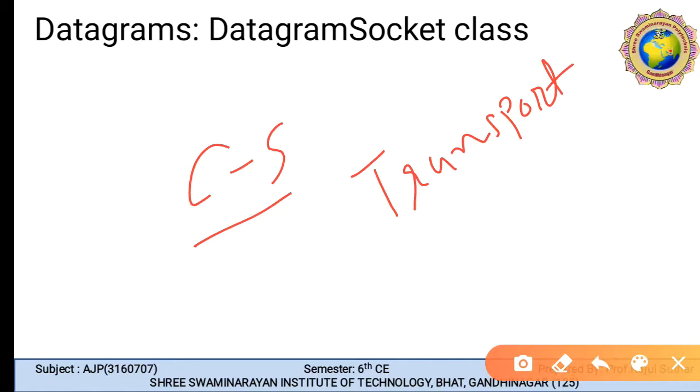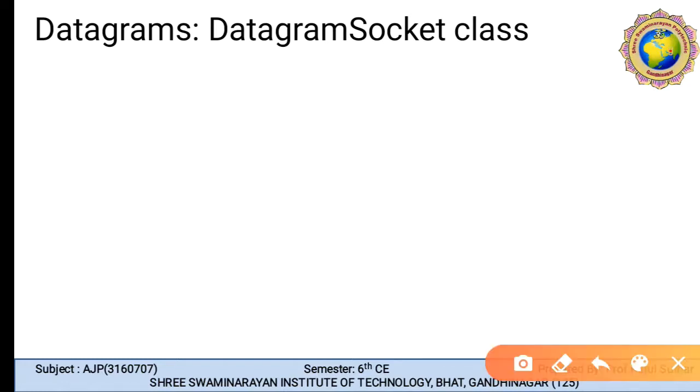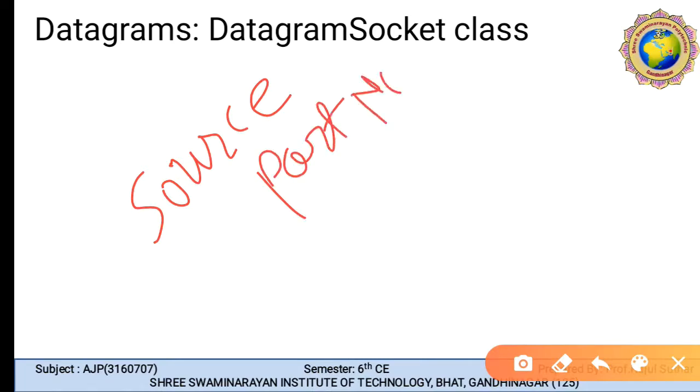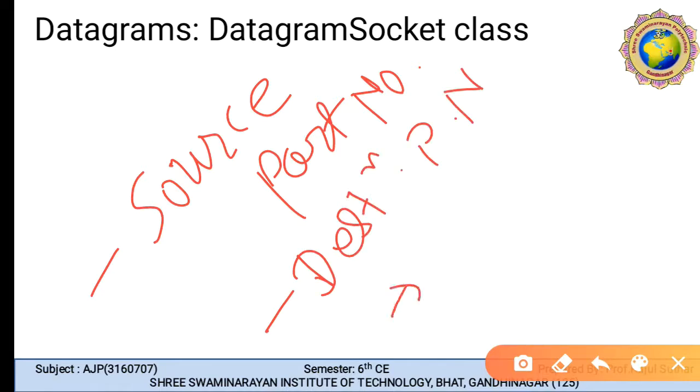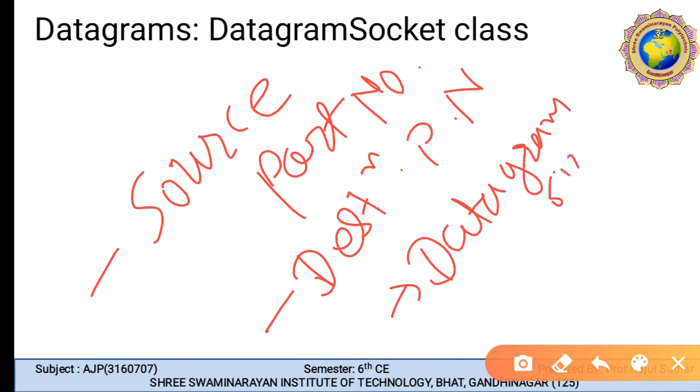The UDP datagram header information contains the source port number, destination port number, datagram size, and checksum.